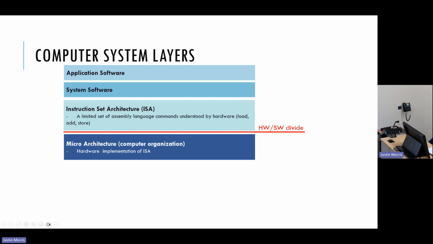So an example of this is one of the most popular ISAs, x86. x86 is developed by Intel, and it is what they are using as their ISA for their processors. But AMD is also making processors that have x86. Another example is ARM. So ARM is an instruction set architecture.